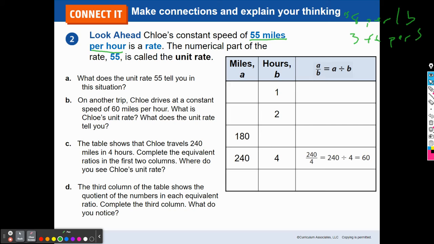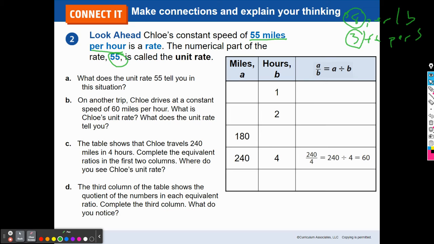In this case, 55 is the unit rate of that 55 miles per hour, which means 8 is the numerical part, right? 8 is the unit for this rate. 3 is the unit for that rate, okay? Don't try to make that complicated. Just know that it is, okay?